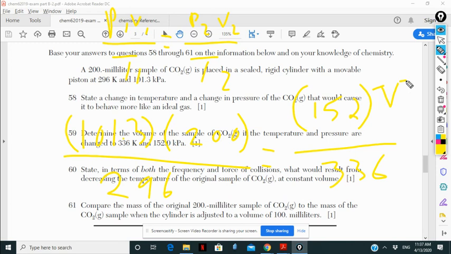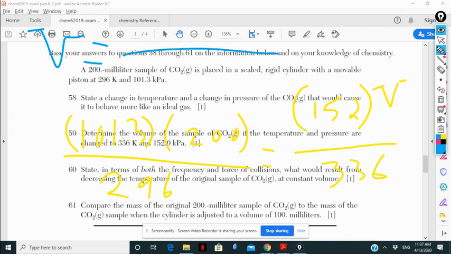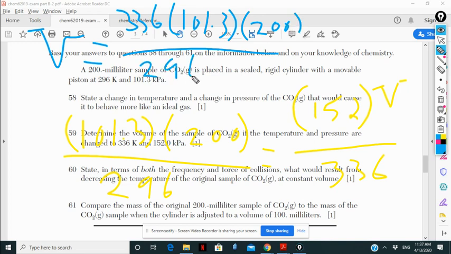From that, the volume should be equal to 336 times 101.3 times 200, divided by 296 times 152.